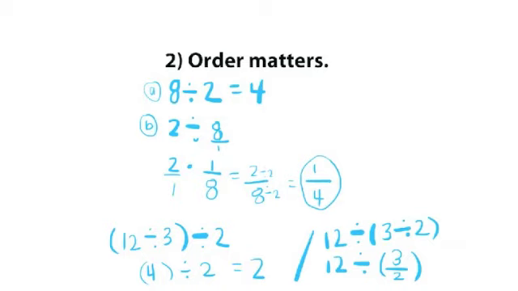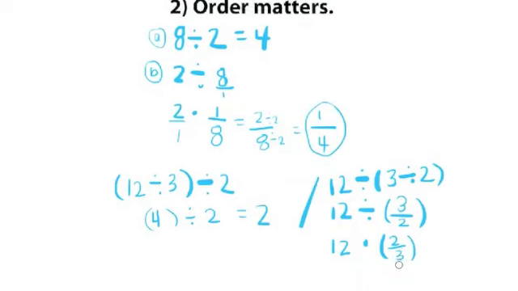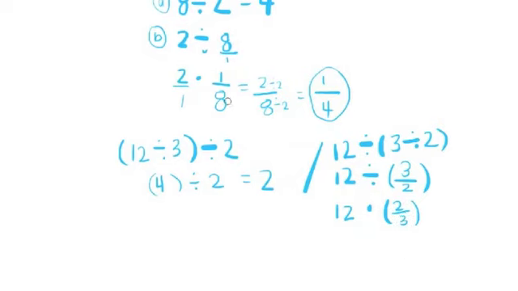Then we know this is going to turn into keep, change, flip. What happens here? Let's put this 12 over 1 so that it can be a fraction, and we multiply straight across. 12 times 2 is 24. 1 times 3 is 3.